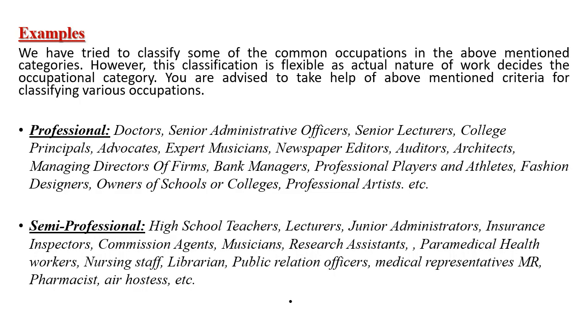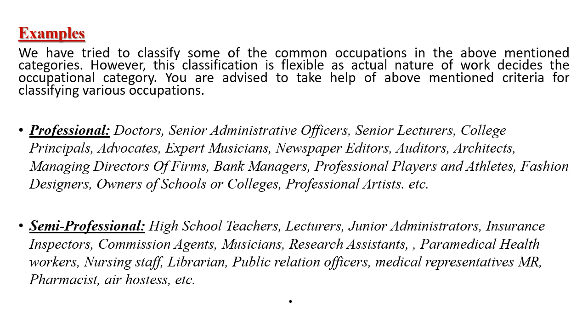So, various examples of occupational categories. We have tried to classify some of the common occupations in the above mentioned categories. However, this classification is flexible as the actual nature of work decides the occupational category. You are advised to take help of the above mentioned criteria for classifying various occupations.